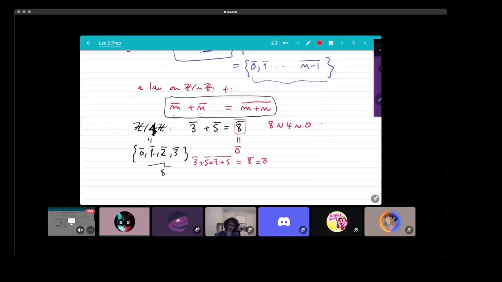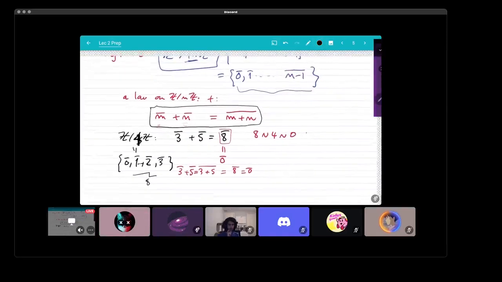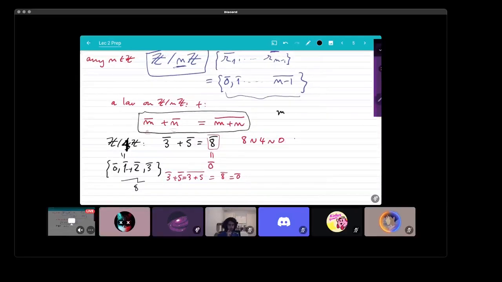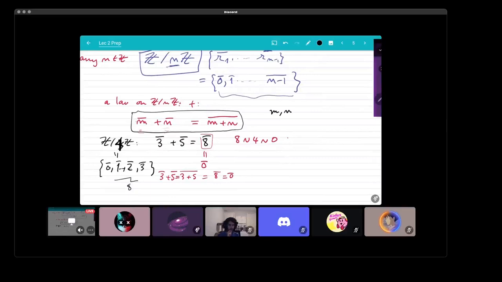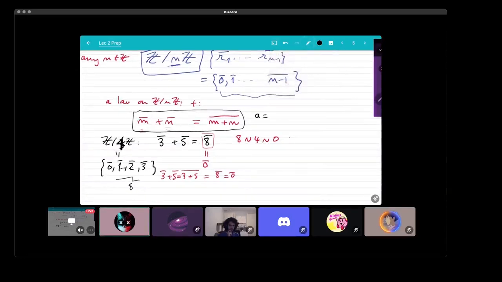And the whole question of whether this is well defined or not means that, does it make sense if I have two integers a and b, where if I divide a by k, I'll have a remainder m, and if I divide b by k, I'll have a remainder n.